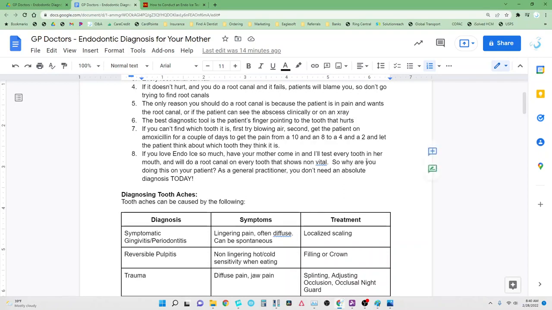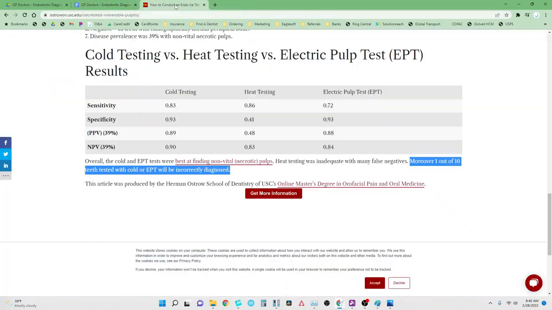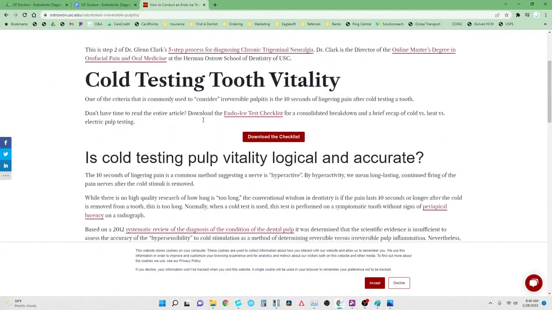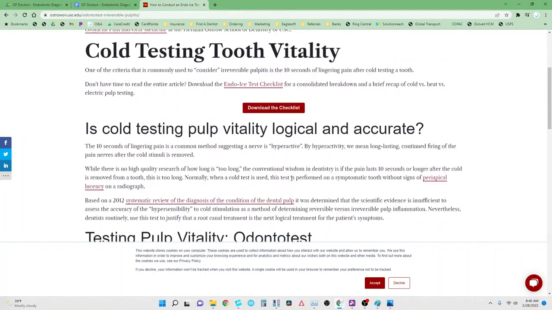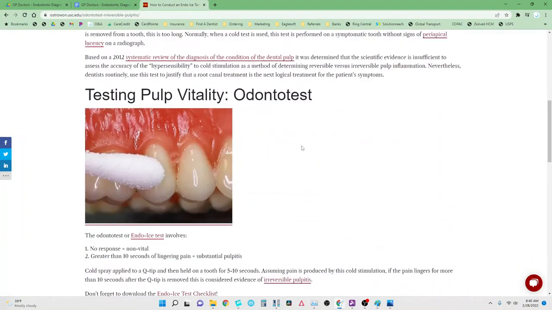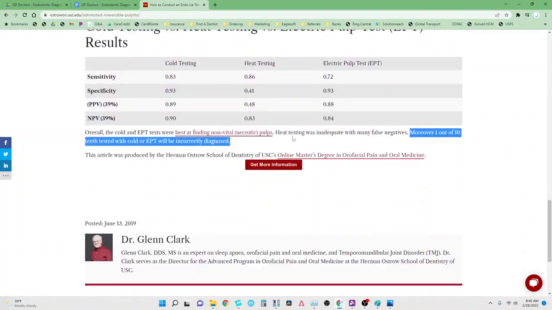As a general practitioner, you do not need an absolute diagnosis today. Now, do endodontists need endo ice? Absolutely, because they need to be sure that day what they're doing. So I just Googled endo ice test, and I came up with this article from the School of Dentistry, University of Southern California, and they're talking about endo ice tests.